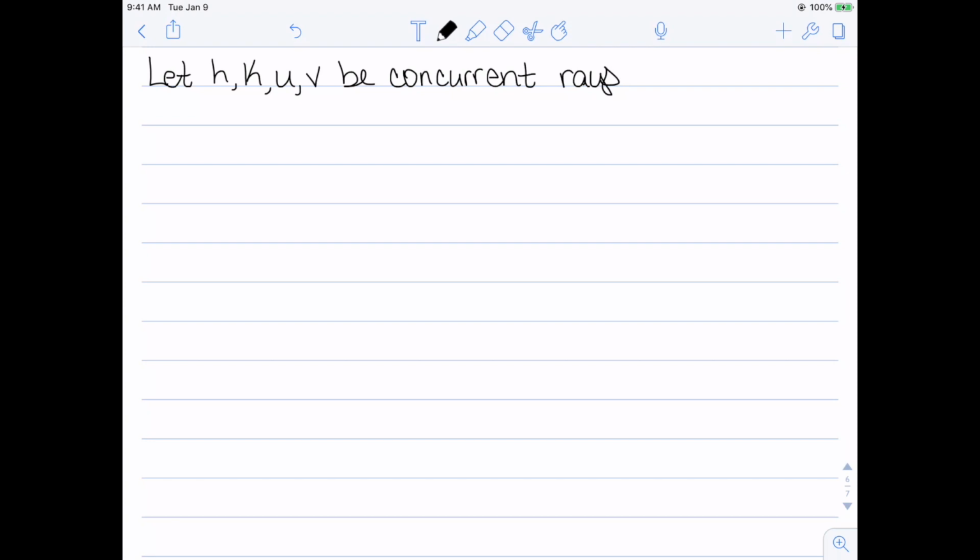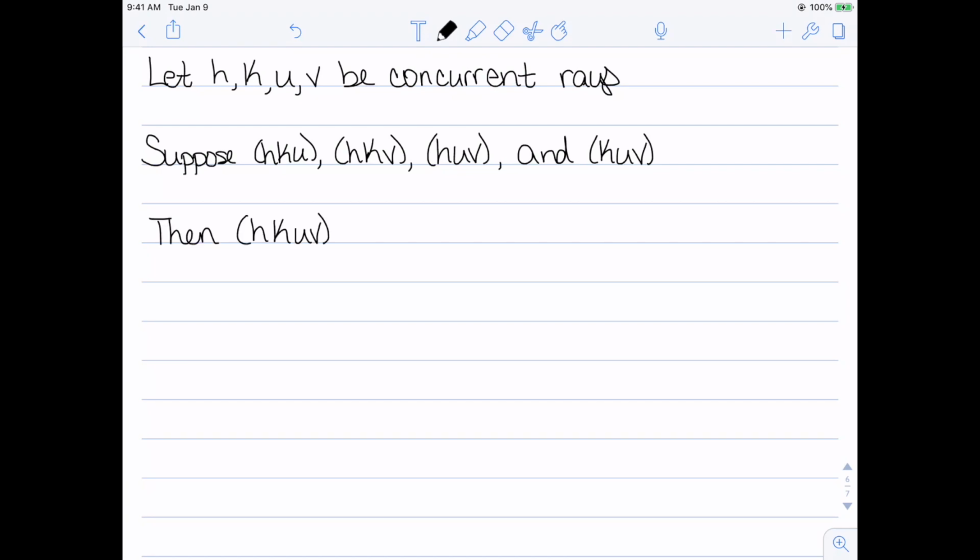Let's expand this idea to 4 rays. So now I have H, K, U, and V. So let's suppose we have 4 conditions. K is between H and U, K is between H and V, U is between H and V, and U is between K and V. Then I can refer to H, K, U, V. And I need all 4 of these because I don't want to go beyond 180 whenever I measure any one of these.